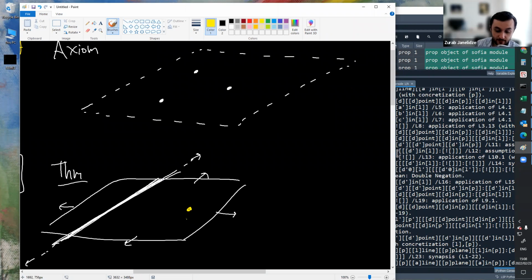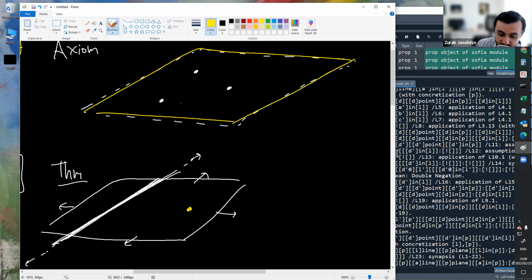Okay, so starting with a plane and a line on the plane, we can find a point on the plane that's not on the line. That's what the theorem says. The axiom says, starting with any plane, we can always find 3 points not on the same line.